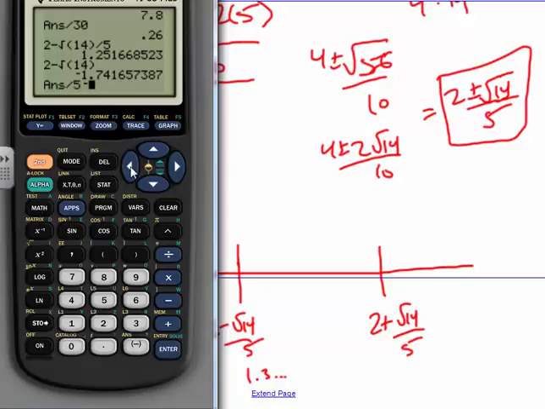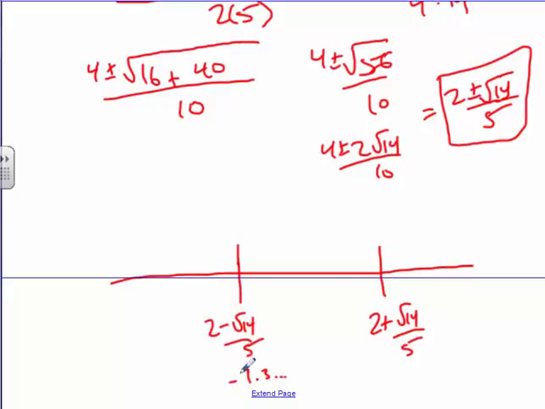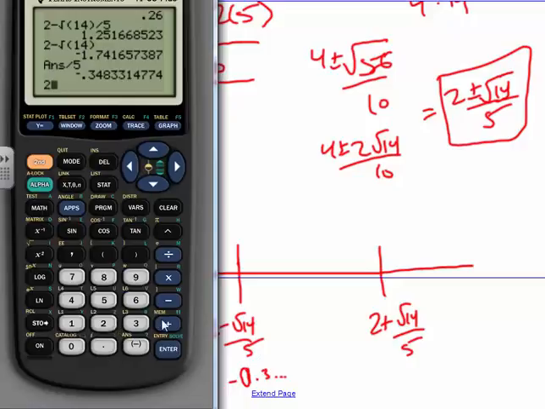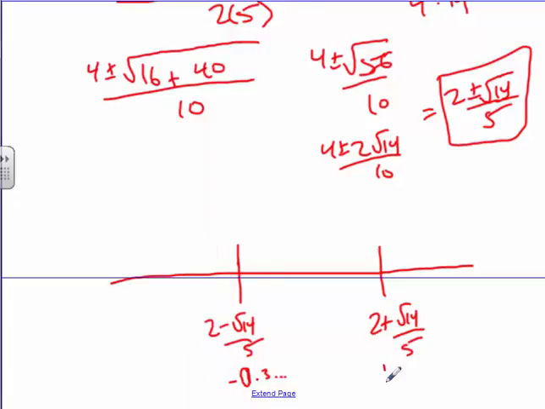Whew, almost made a big mistake there. Take it back, that's about negative 0.3. And then for the other one, it's 2 plus root 14, divided by 5 makes it 1.14, give or take.